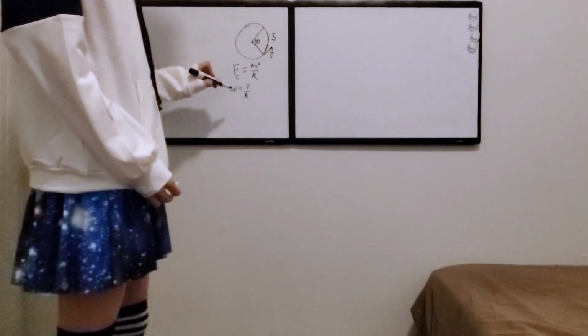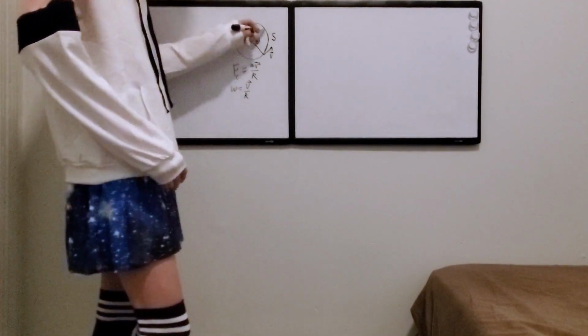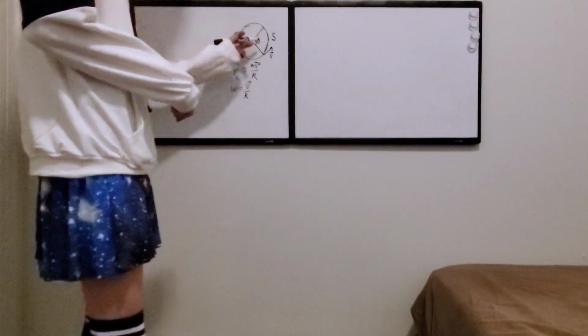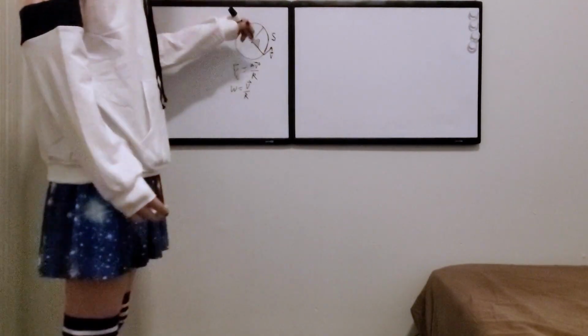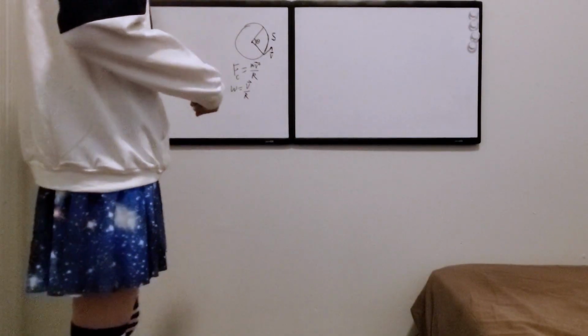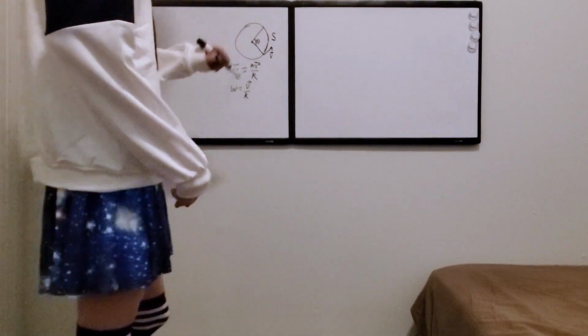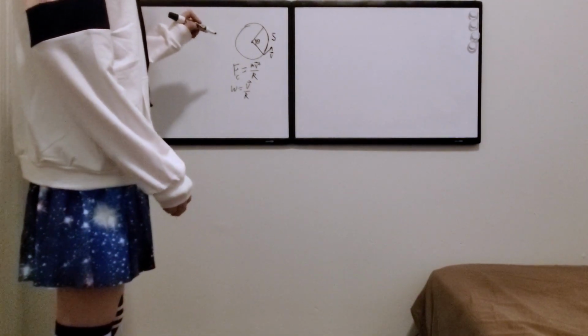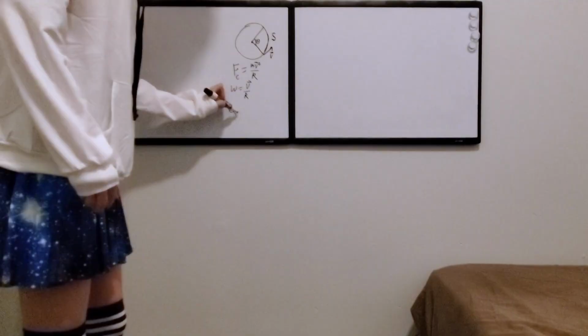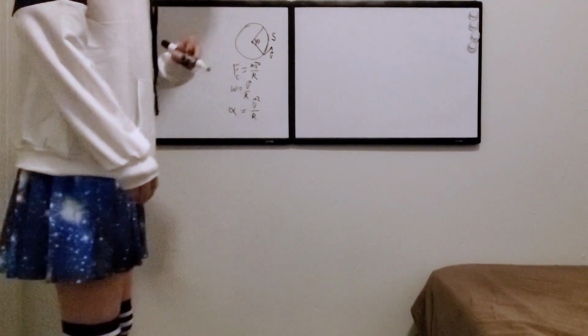And make sure I put these vectors here because there's a direction associated with that. Here it's always tangent to the circle. There could be cases where it's not tangent, but in circular motion we don't really need to worry about that. This is just to be clear about what it is. Right, so alpha is equal to v squared over r.